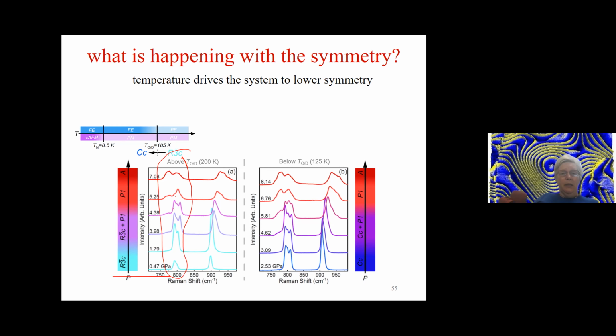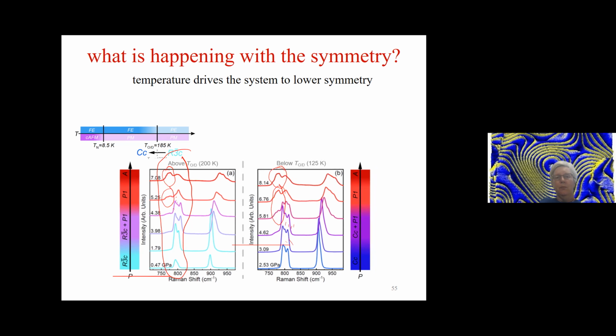And it eventually gets this triplet-like structure, and then finally this additional feature right here. Below the order-disorder transition, it starts as a triplet, and it continues as a triplet, and eventually it goes into the higher pressure phase, and you can see the development of this low frequency shoulder as well before it goes into an amorphous phase.